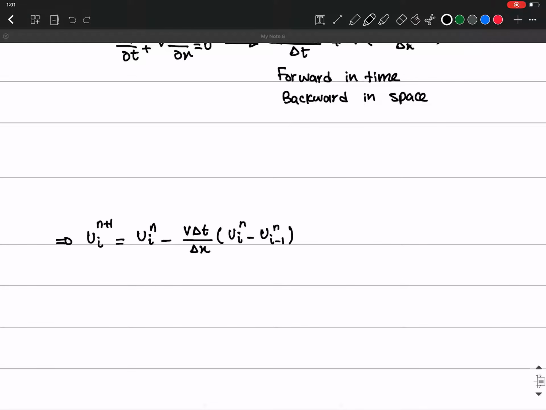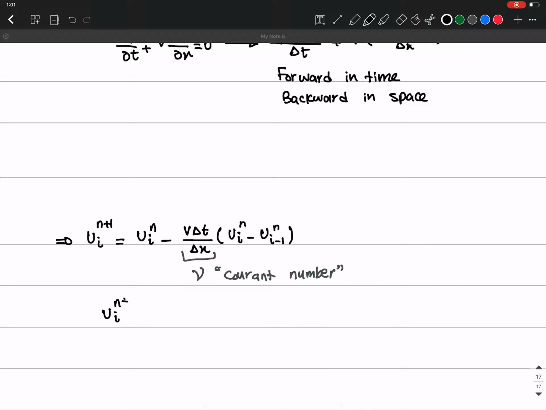I want to define this as nu, the Courant number. Some people even call it the CFL number or CFL condition, and then rewrite it based on that.